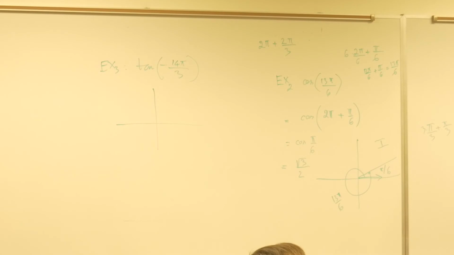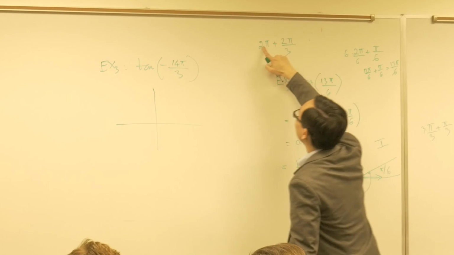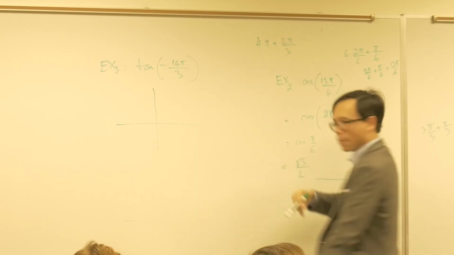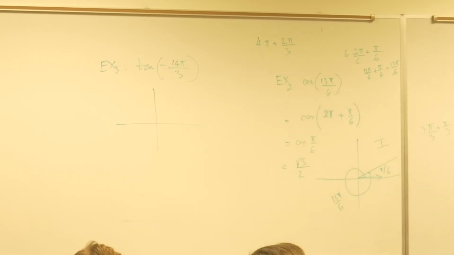No, it's 4 pi. 4 pi plus 2 pi over 3. I want to see all the yes over here before I keep going. So it's negative, 4 pi plus 2 pi over 3.